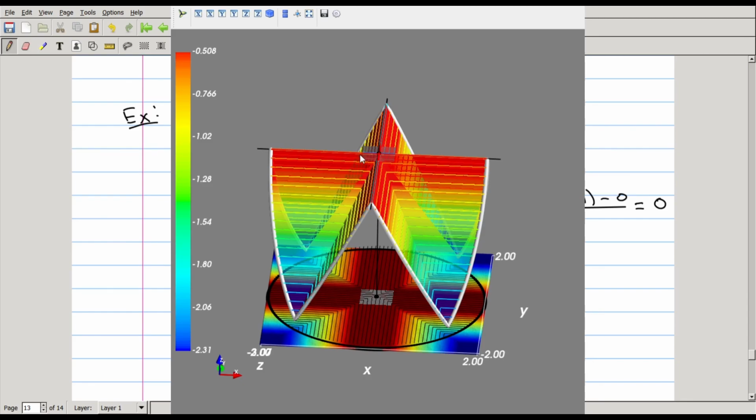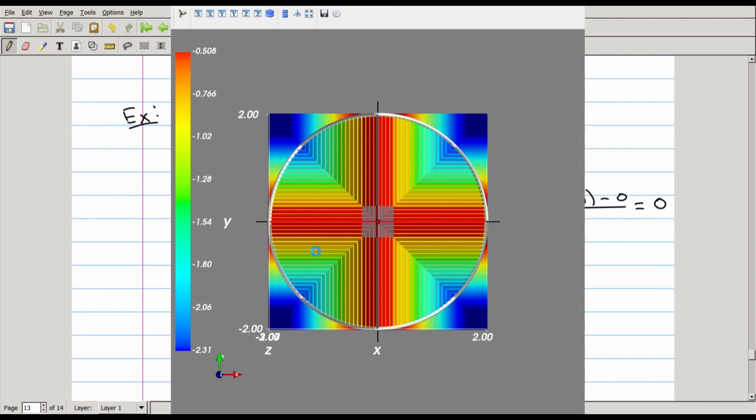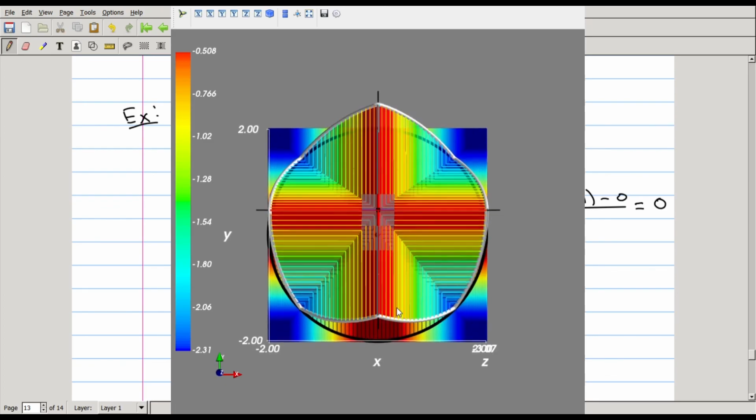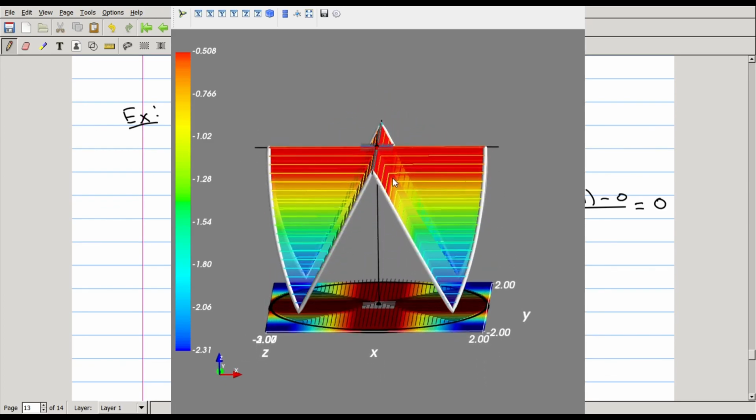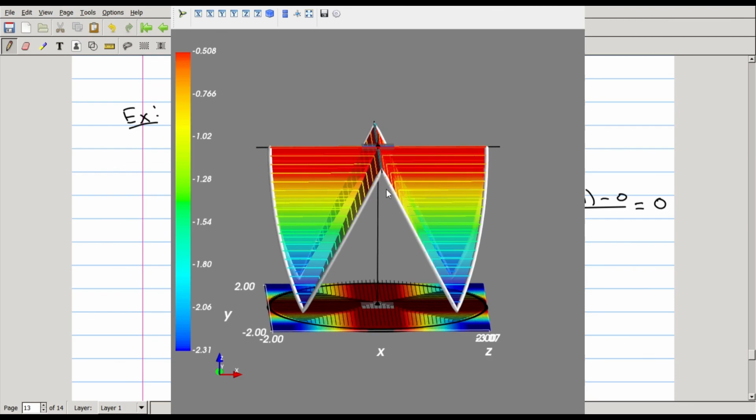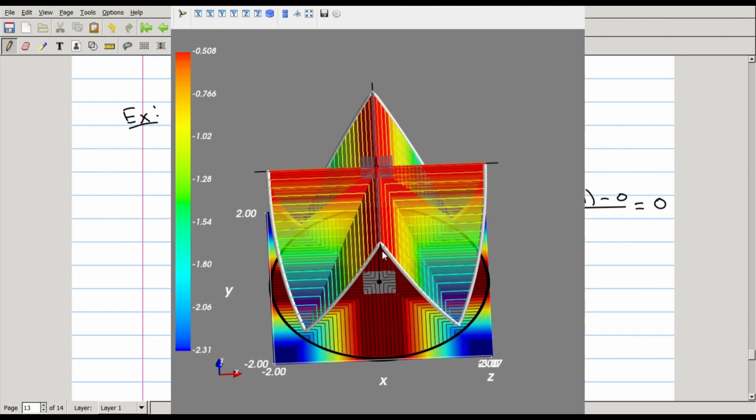along both axes. We also have a cusp along y equals x and y equals negative x, right here as well. You can see that cusp very clearly if you look at just the contour plot by itself. But at none of these points along the cusps is the function differentiable, even though it's a continuous function.